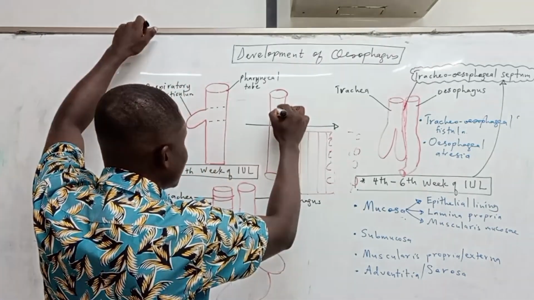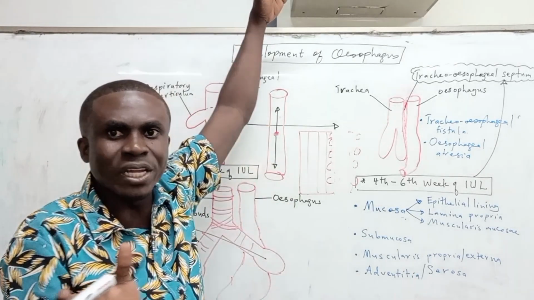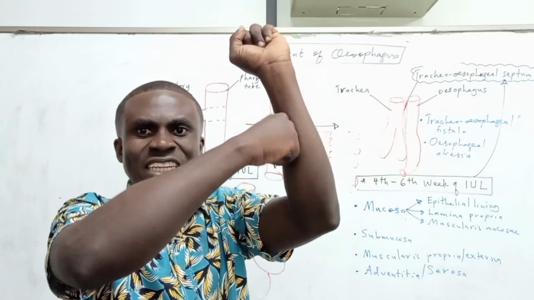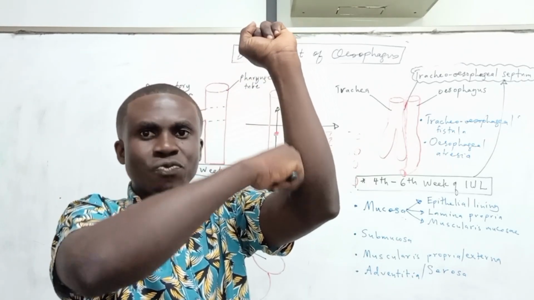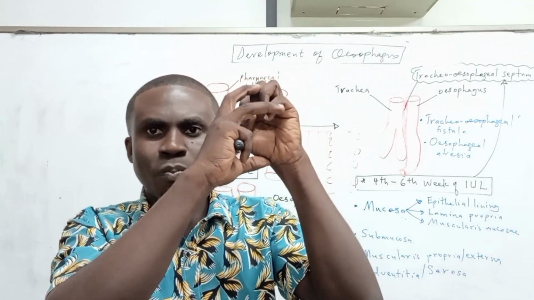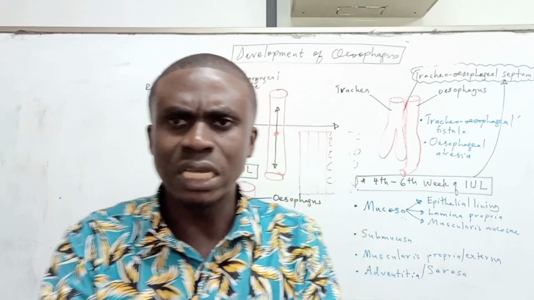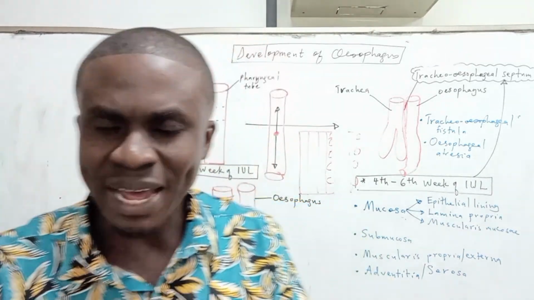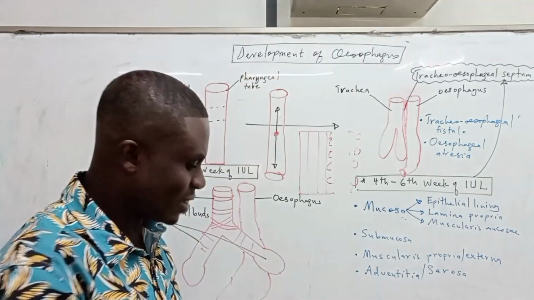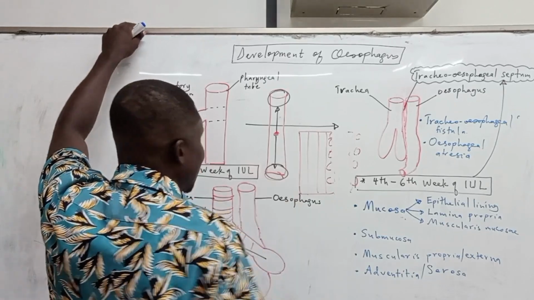From the center, it goes in either way. If this is the oesophagus, the epithelial lining is changing gradually from here to here and also from here to here, leaving the most extremities. I'm talking about the most proximal portion and the most distal portion of the oesophagus. So over there, the epithelial lining is still ciliated columnar. Let's say these areas are still ciliated columnar. I want you to become aware of that.